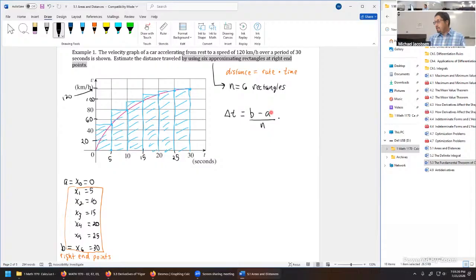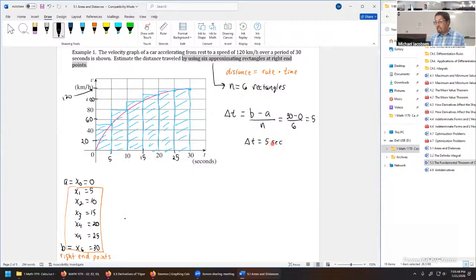So we're just taking the b value, 30 seconds, minus the a value, 0 seconds, divided by 6, and we get 5. So delta t is 5 seconds. Notice the unfortunate thing, this is in kilometers per hour, so we do need a unit conversion. Let's do the unit conversion at the very end so we can focus on the fundamental ideas first.